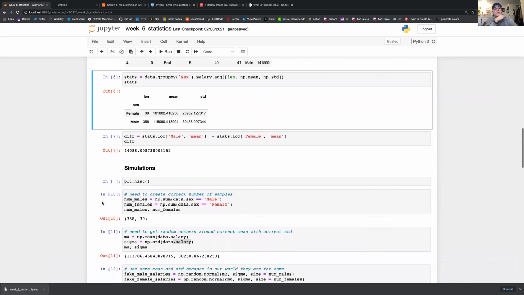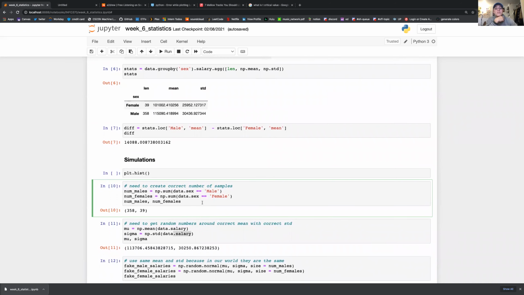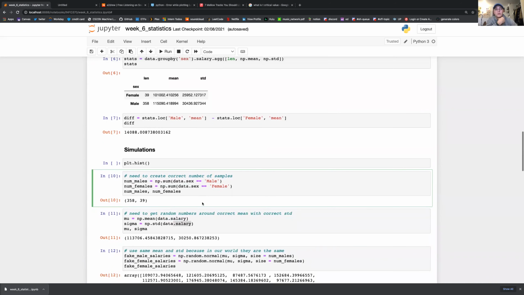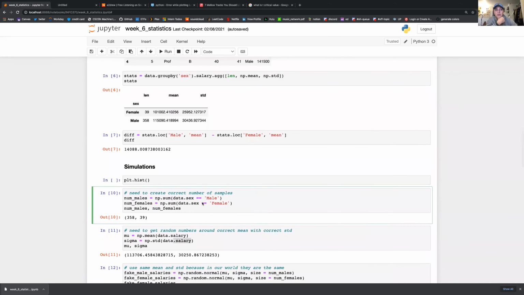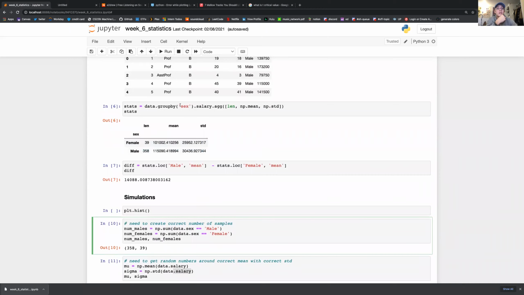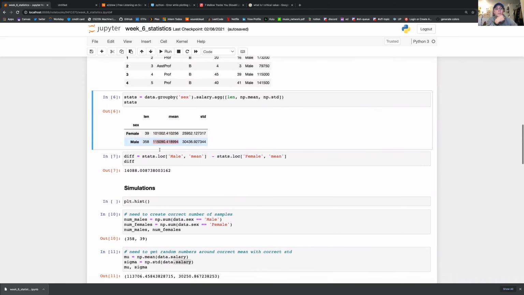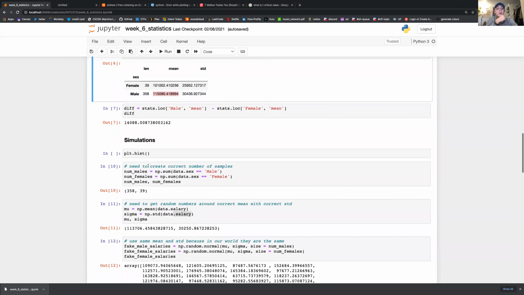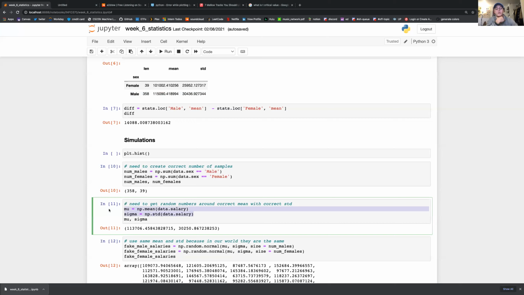So what we end up doing is simulating a world where the male and female professors do make the same. So how do we do that? Notice here, we took the individual means from the female and male columns. But what we can do is create a bunch of random data where the males and females do have the same mean and standard deviation.